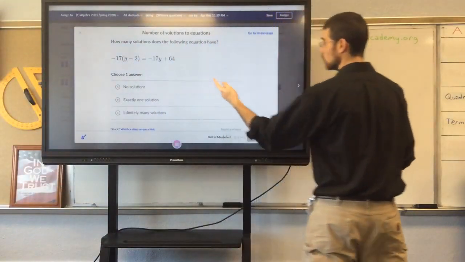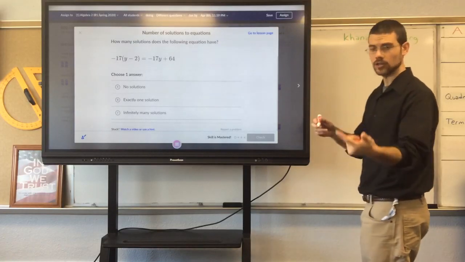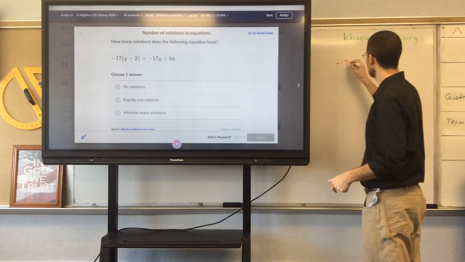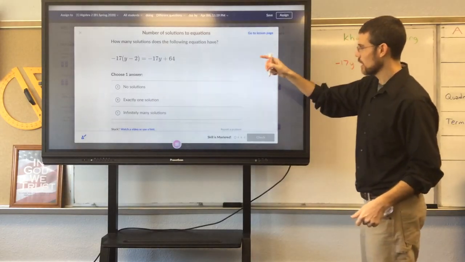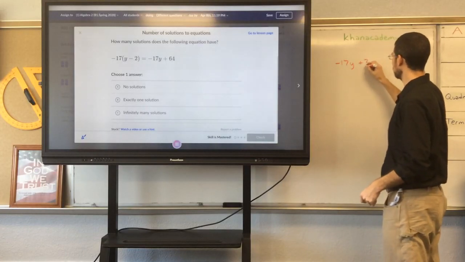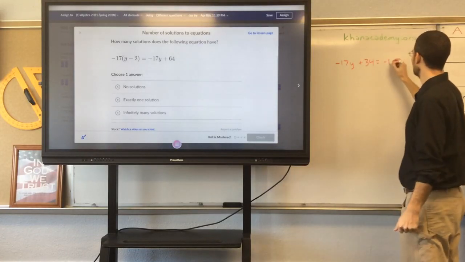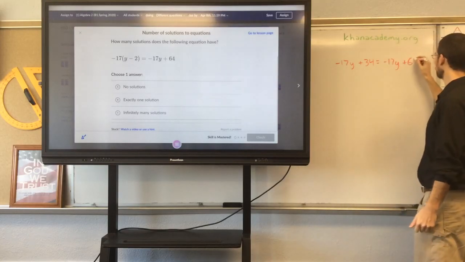All right, so we'll simplify the left side a little bit by using the distributive property. So negative 17 times y, and negative 17 times negative 2 is positive 34. And on the right side we have negative 17y plus 64.